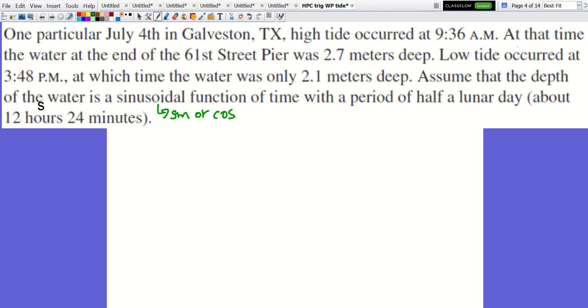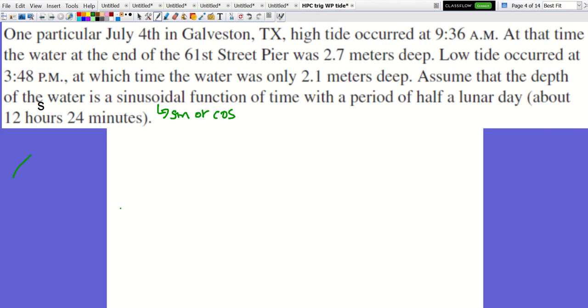On a particular July 4th in Galveston, Texas, high tide occurred at 9:36 a.m. At that time, the water at the end of 61st Street Pier was 2.7 meters deep. Low tide occurred at 3:48 p.m., at which time the water was only 2.1 meters deep.